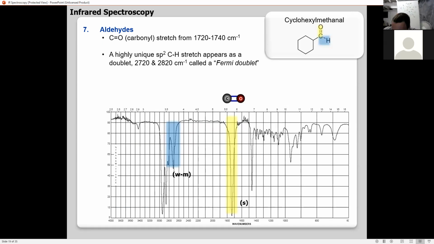If you're not sure, what else is there? Well, you've got this doublet here at 2720 and 2820 that only occurs in the aldehydes.